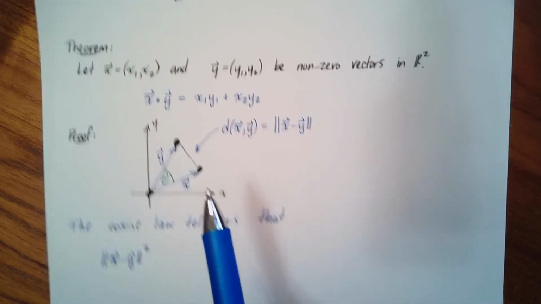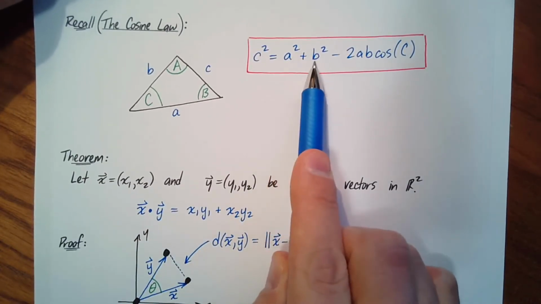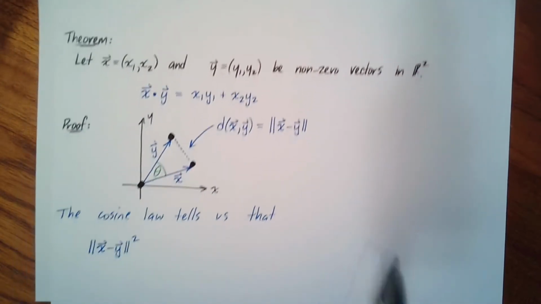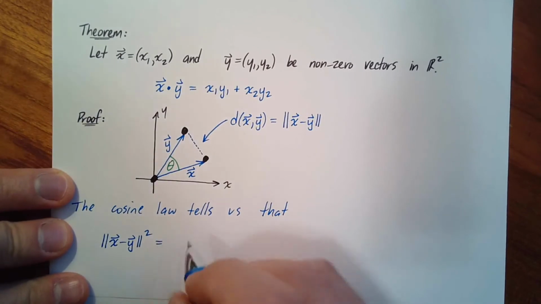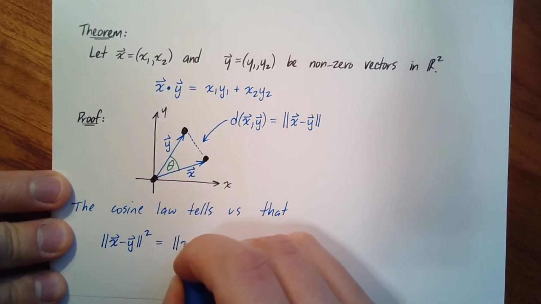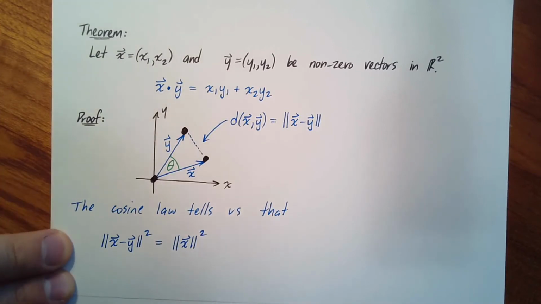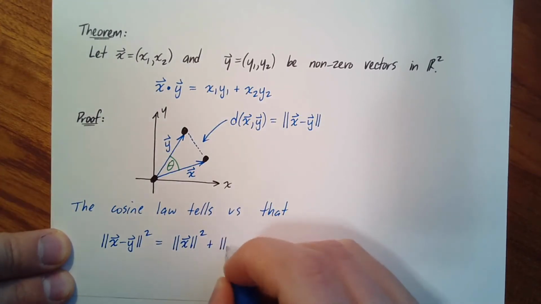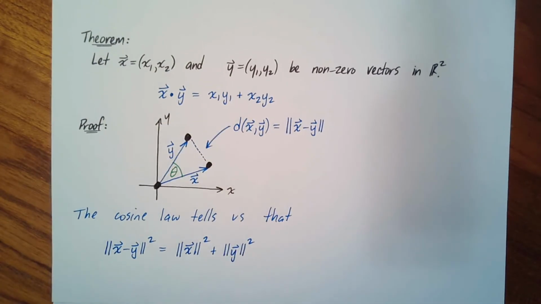So if we're applying the cosine law here, we're going to have the norm of x squared plus the norm of y squared. So that's what we're going to have on the right-hand side for those first two terms at least. So this is going to be equal to the norm of x squared plus the norm of y squared. Okay, so that's the first two terms.